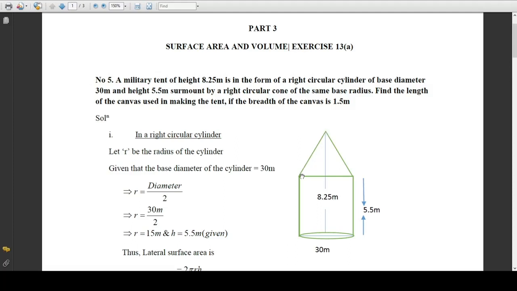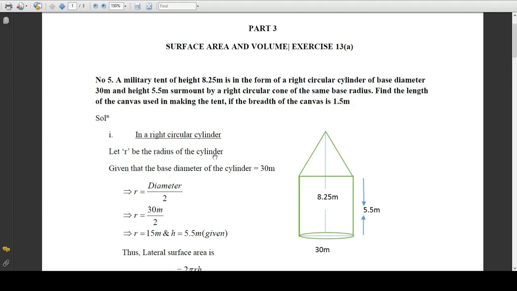First we'll discuss the cylindrical part, and then the conical part, and adding these two areas will give the total area required for covering this tent.